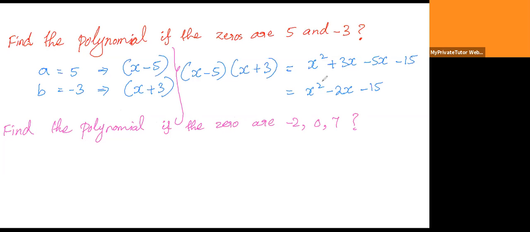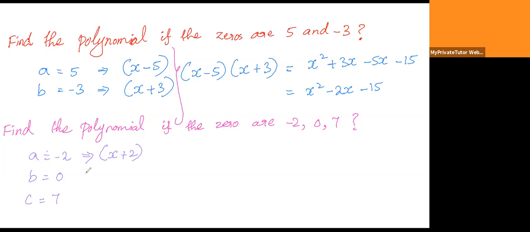Guys, please respond to this. So how many zeros do we have? A equals minus 2, B equals 0, that's nice, and C is 7. Please find the factors of each one.